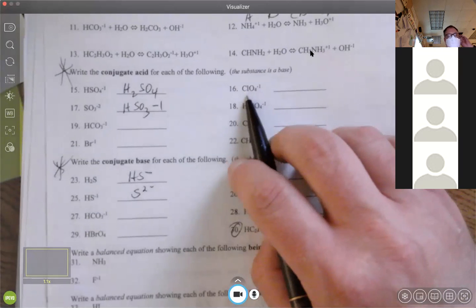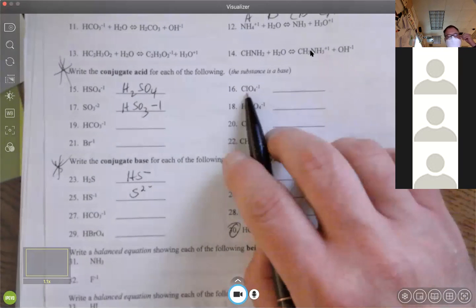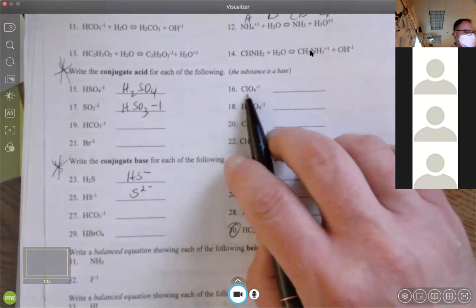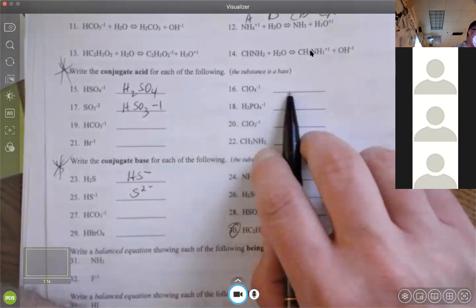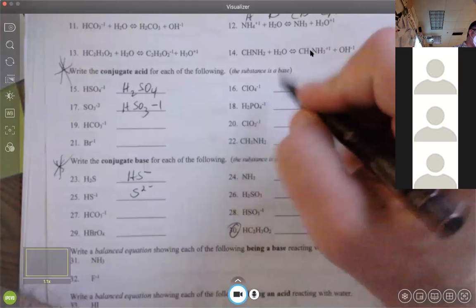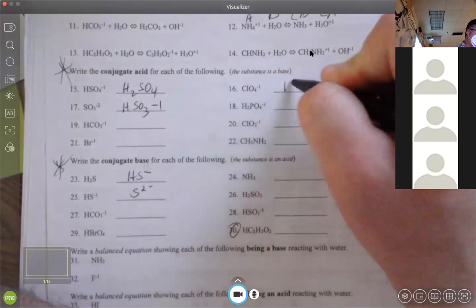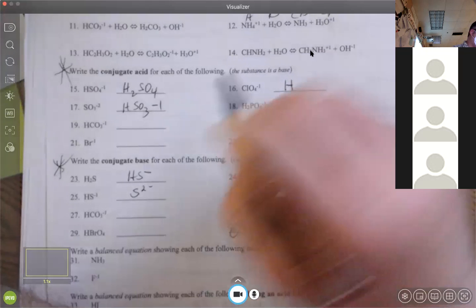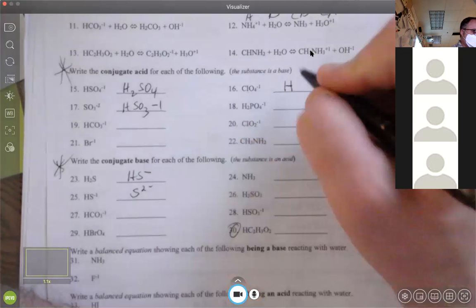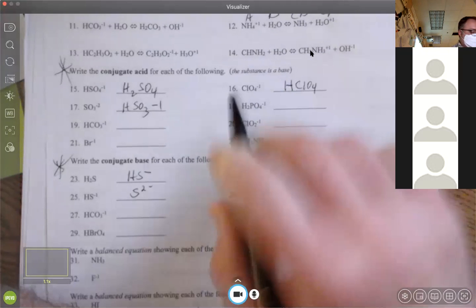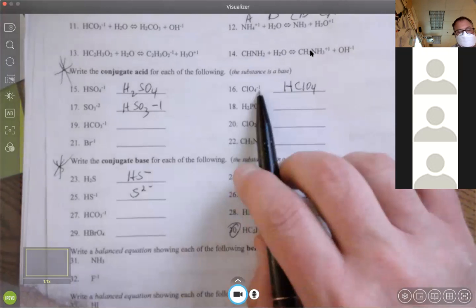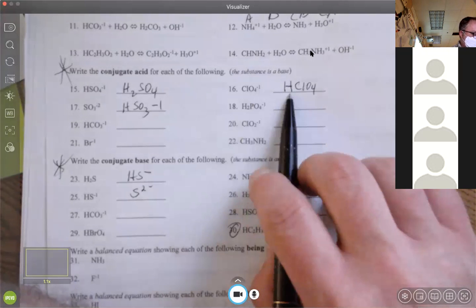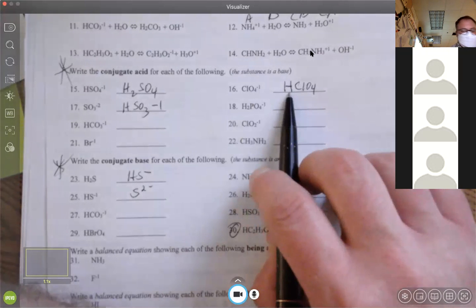Receive. So how do we draw an H? It's 3 lines, right? H, and then ClO4. Why do I lose the negative sign? Because the H has a charge of what? 1, right? The H has a charge of plus 1.